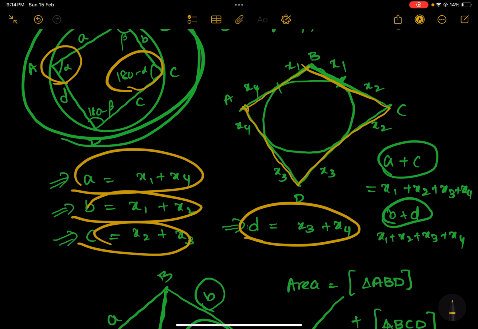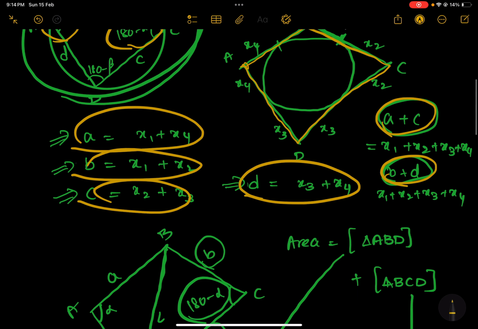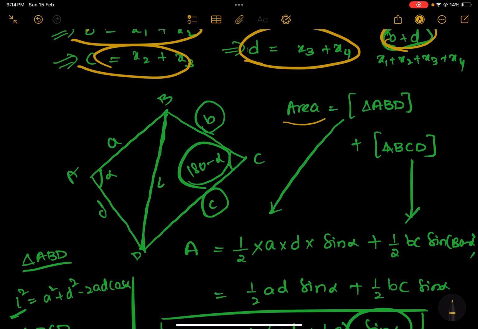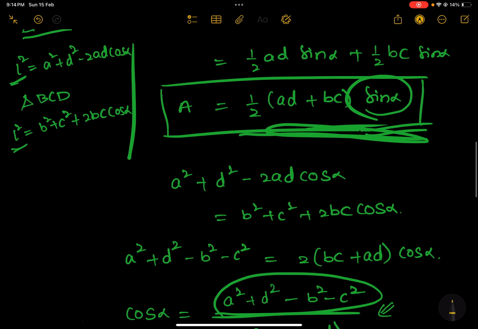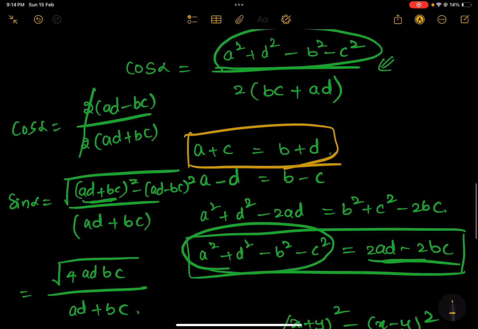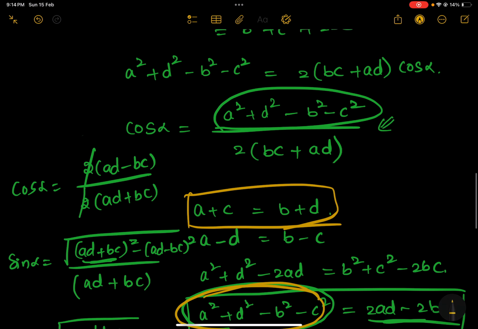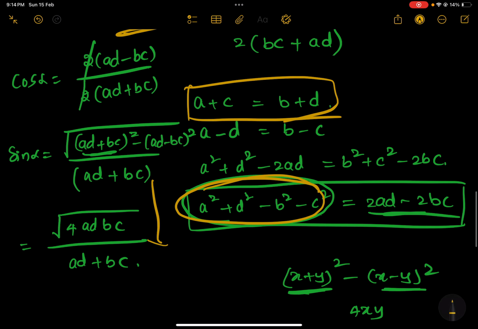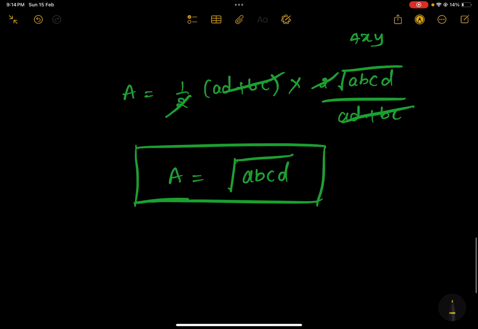And from this we concluded that A plus C is equals to B plus D. And we went on to find the area of the quadrilateral. And here, this is the major step. You take this and generate this particular term like the numerator of your cos alpha, and then simplify to get the nice value for your sin alpha.